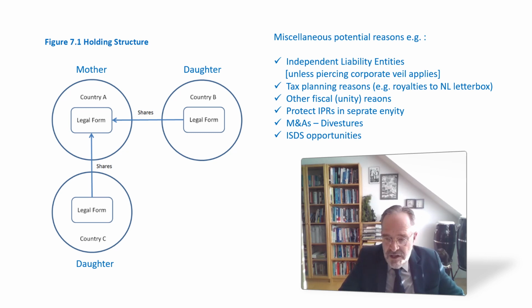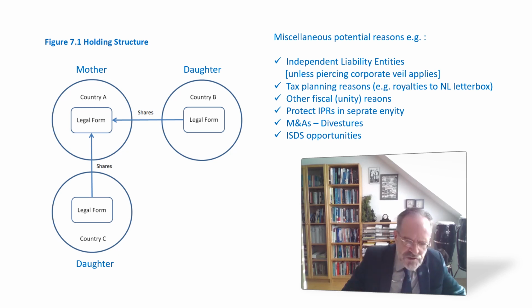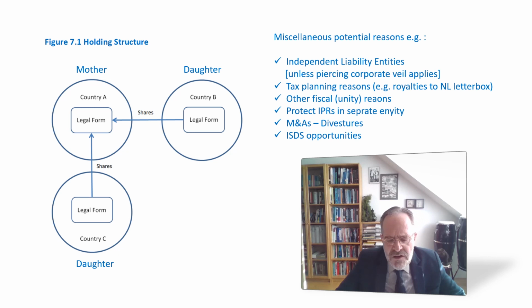Another reason may be a fiscal one, a tax one. We know that the Netherlands, at least up till this year, offered attractive opportunities to channel royalty payments to the Netherlands and then virtually tax-free transfer them to another third country with which the Netherlands had a double taxation treaty.